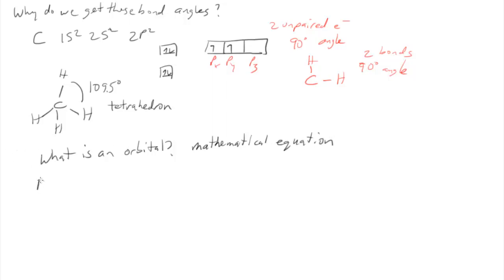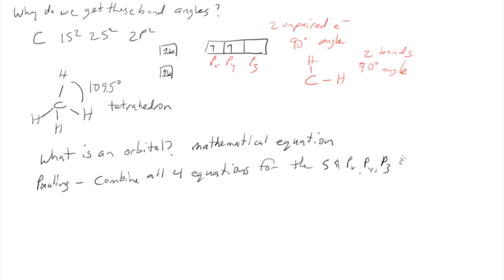Pauling realized that if we combine all 4 of the equations for the 2s and the 3 2p orbitals, we'll find 4 new solutions that turn out to be equal in energy.